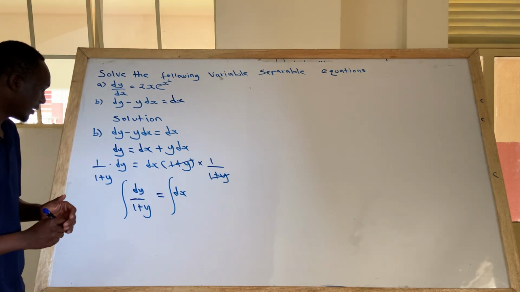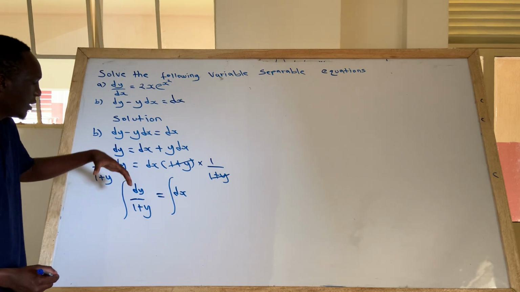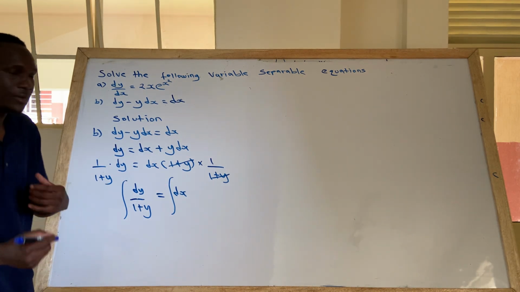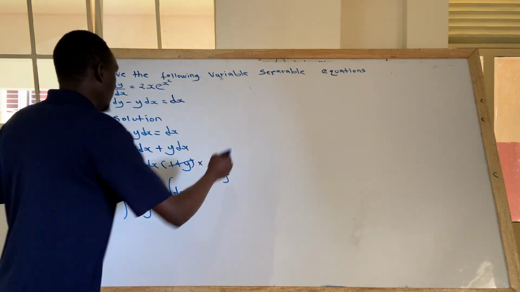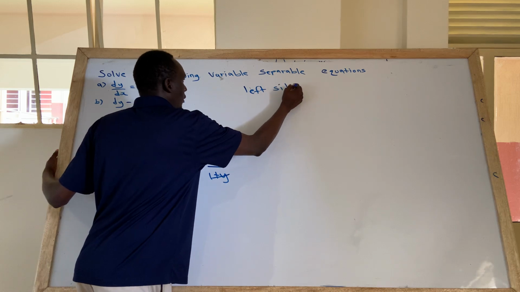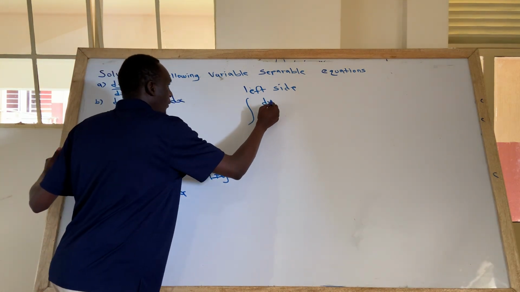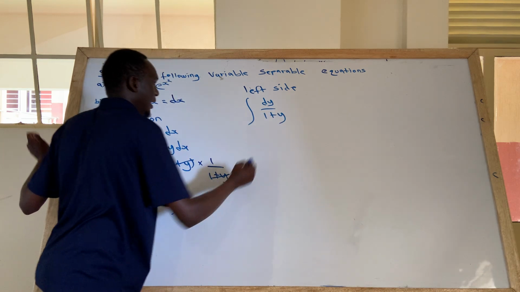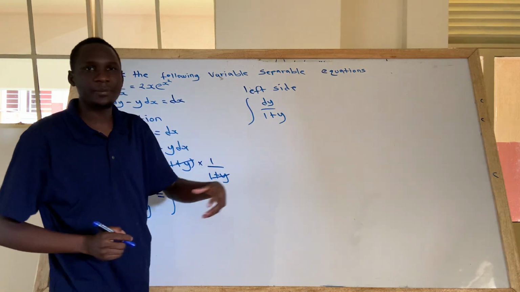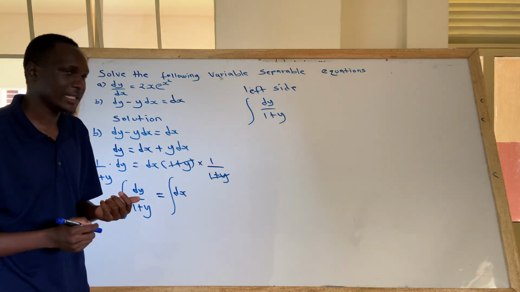Now let's find the integral of the left side separately, and later on we find the integral of the right side, then we'll join the equations. So let's take the left side. We have the integral of dy over 1 plus y. The integral of dy over 1 plus y is simply ln of 1 plus y.